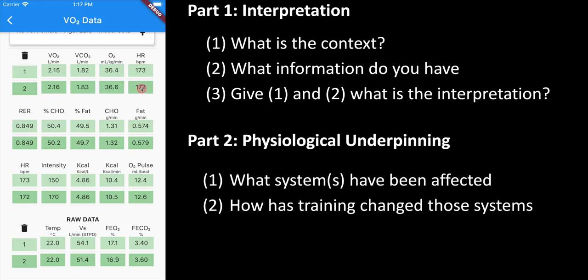Well, we would expect heart rate to be about the same at the same relative intensity, and both are at 50% VO2 max, so that's what we would expect to see. RER is the same, and we've seen that in some of the papers that we looked at, that relative RER doesn't change, broadly speaking. So RER at 50% max before training is about the same as RER at 50% max after training, and that's what we see here.